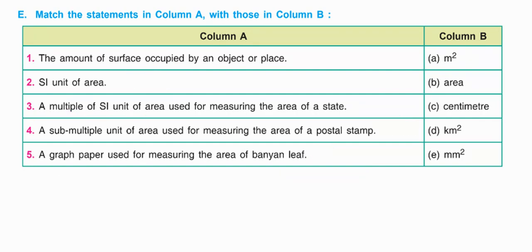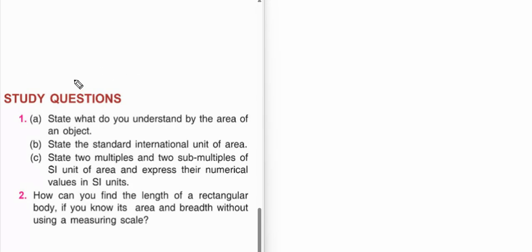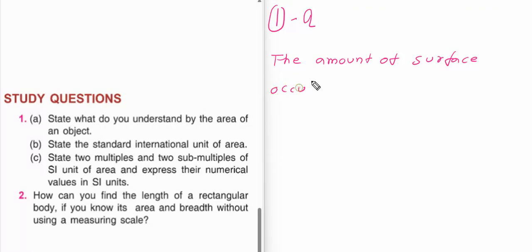Now, we are solving study questions. State what you understand by the area of an object. So 1A: What is area? The definition I'm writing here. The amount of surface occupied by an object or place.